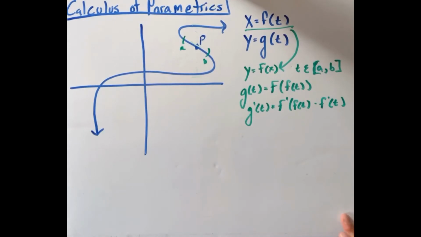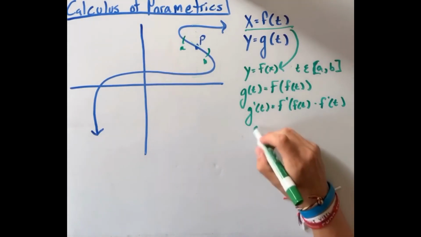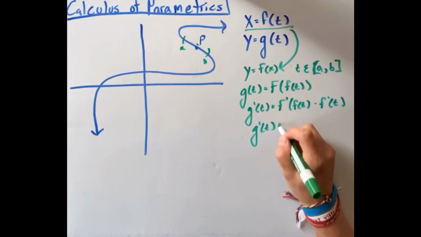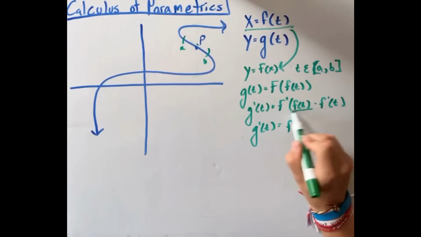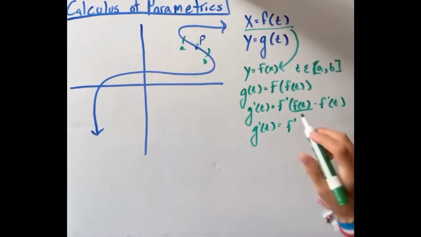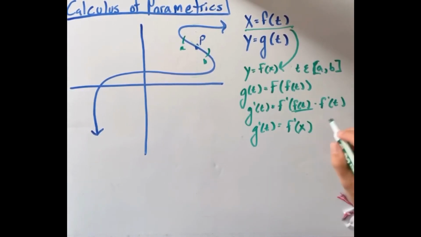Then we would take that and change it to g prime of t is equal to big F prime, and that f of t can actually be changed to an f of x. Big F prime of x times little f prime of t.